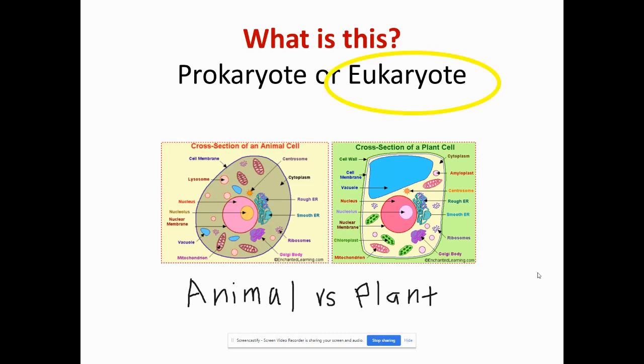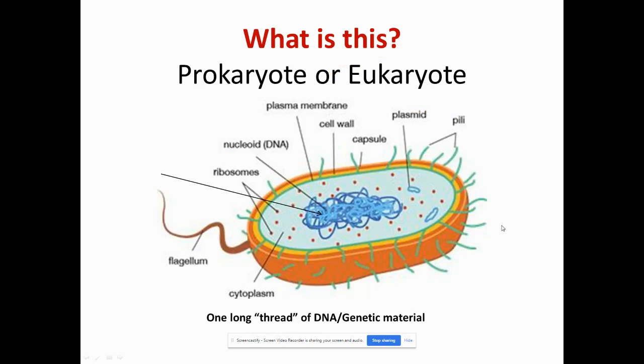They are eukaryotes. They have a nucleus and other organelles. What is this? Prokaryote or eukaryote? Prokaryote. The DNA is not enclosed in a membrane.